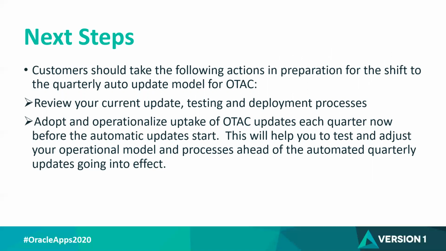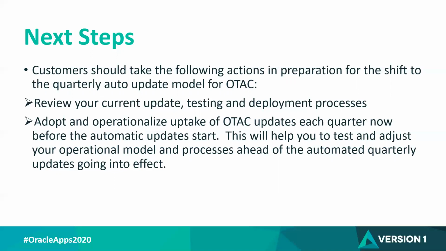Next steps. What should customers do to take this quarterly update model? The most important thing is that every customer should review their current update, testing, and deployment processes. As we are now moving more to an auto update model, the business processes need to be reviewed again.